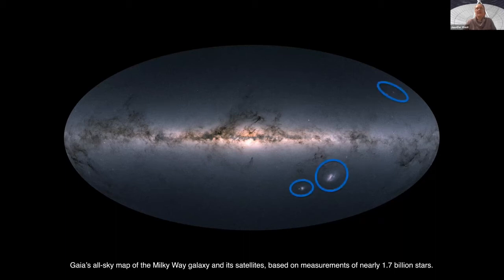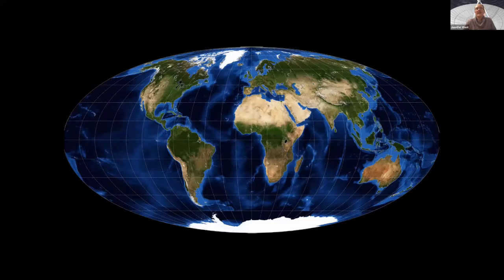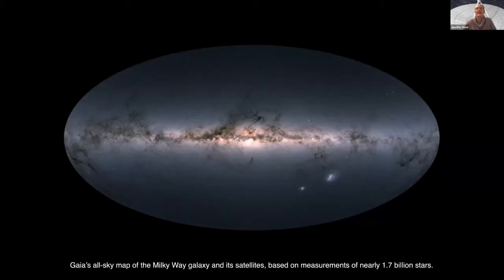And like our Earth has an equator, and we can define the north and south pole of our Earth, the Milky Way also has an equator, a galactic equator, and a north and south pole of the Milky Way.